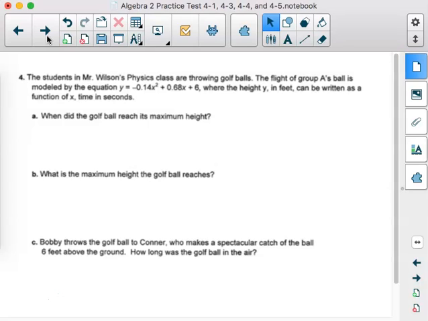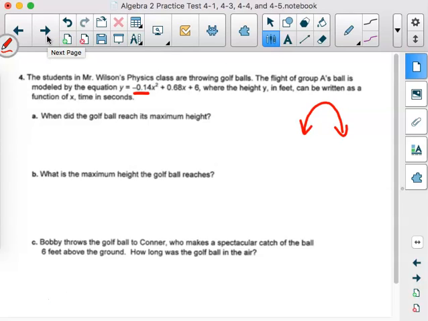All right, so it was good that I thought about this as a parabola because it's got a negative in front of the x squared, which means it's going to go like this. So if I want the maximum, I need to figure out that spot right there. Oh, wait a second. That's the vertex. We know how to find that. This is in standard form.